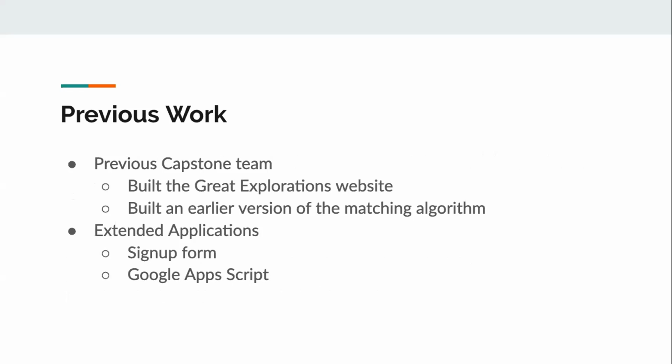They also chose to implement their algorithm in Google Apps Script, which let them read from the results of the sign-up form without worrying about APIs. Anyway, we'll get into the Google Apps Script choice. We liked that solution. We liked the form, and we liked the choice of Google Apps Script for reasons that we'll talk about next.